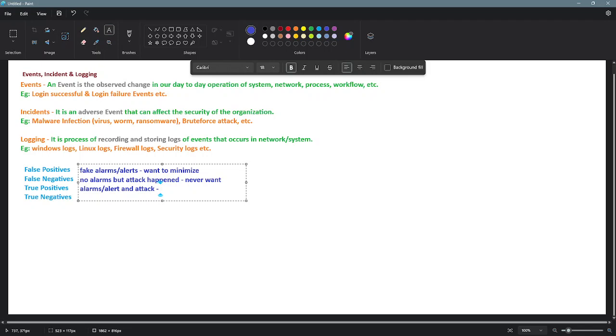But we can say that companies always want this one, because at least they know that they are under attack. And this is the case of no attack, and neither an alarm nor an alert. Okay, so this is the same.